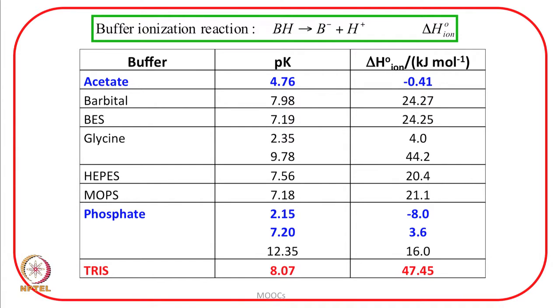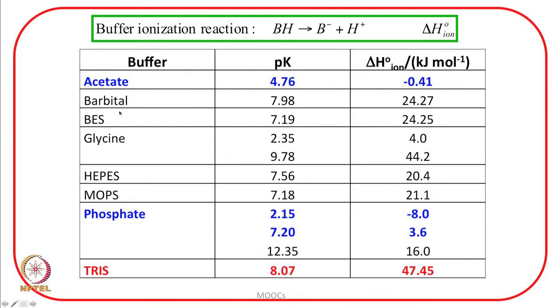And if we want to prepare a solution of pH 7, the other possibilities of choosing the buffer based upon the pK values are barbital, because pK is 7.98, or BES 7.19, MOPS 7.18.